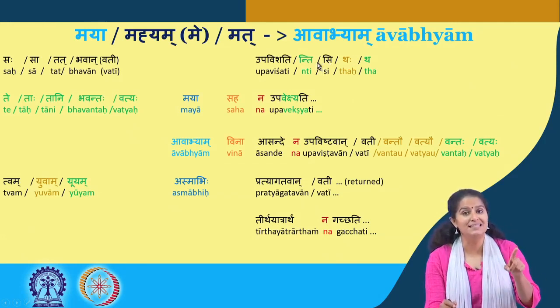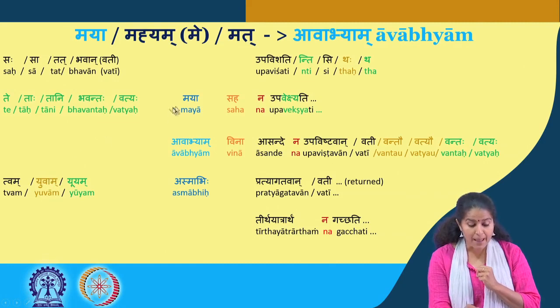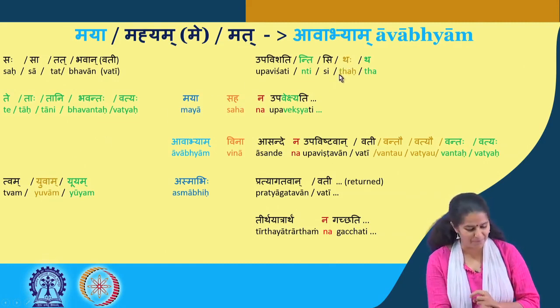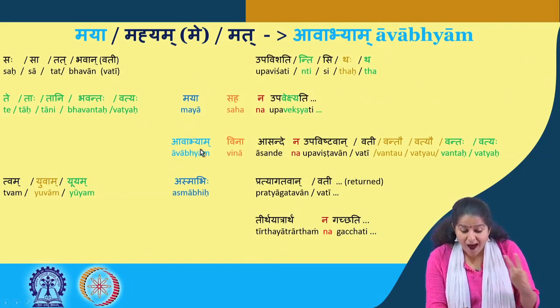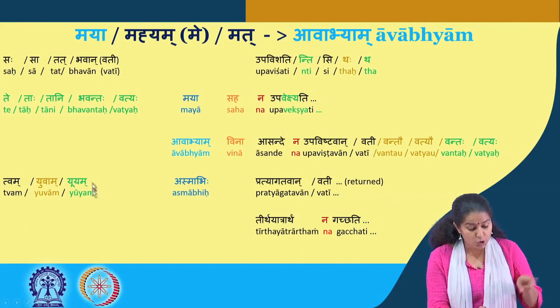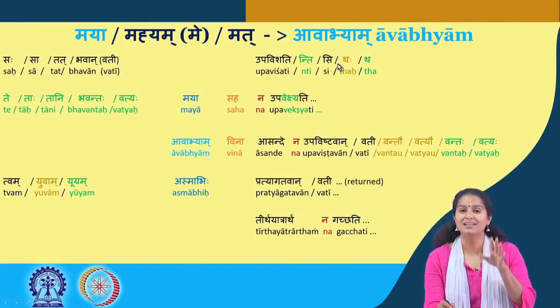It will all remain si because the subject is Tvam here. Next, if the subject changes, it becomes a dual thing. Yuvam maya saha upavishathaha. Uttamam. Yuvam avabhyam saha upavishathaha. Yuvam asmabhihi saha upavishathaha.